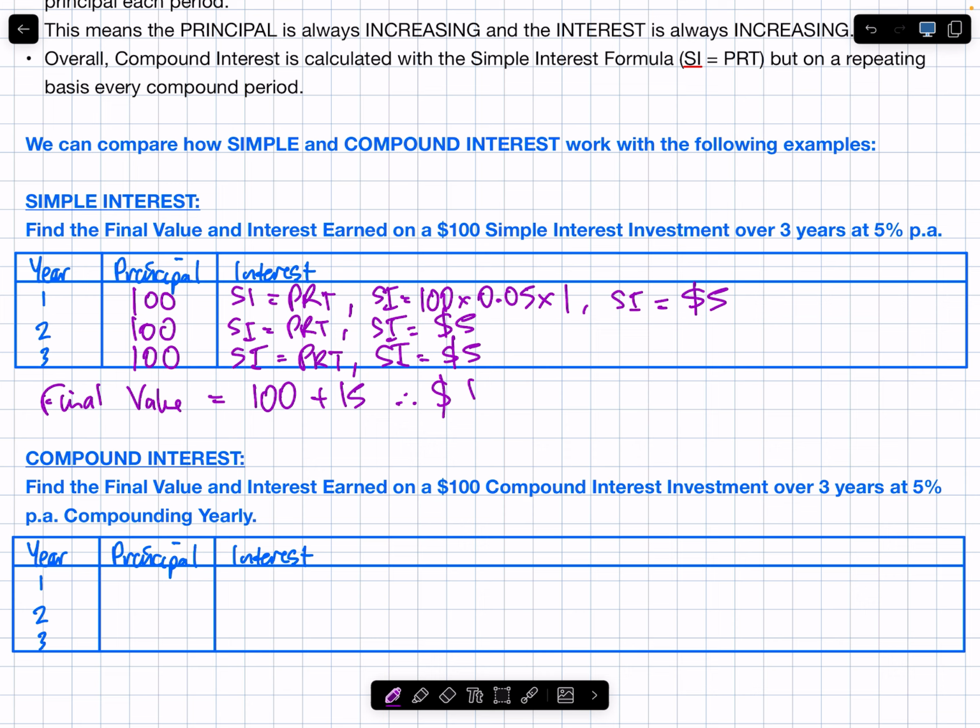Therefore, final value is $115. Interest equals $15. Can you get that first example down, please? Because that's a simple illustration of how simple interest works. Principal remains unchanging. Still a set rate, but the principal does not change over time.